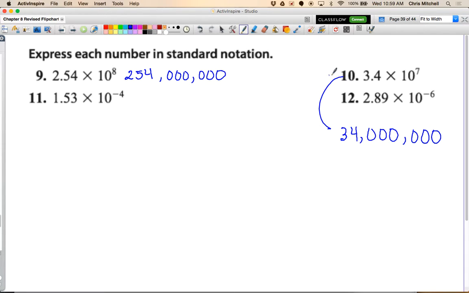All right, I'm going to write number 12. Well, let's do 11 now. Number 11 would be a decimal, 3 zeros, 153.